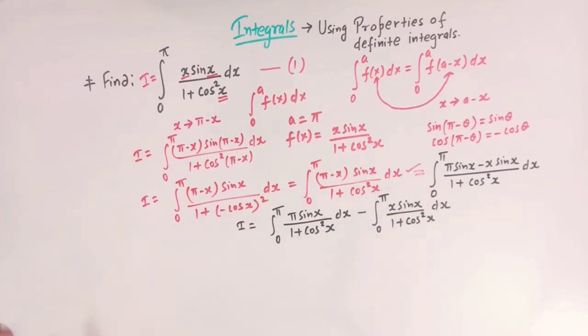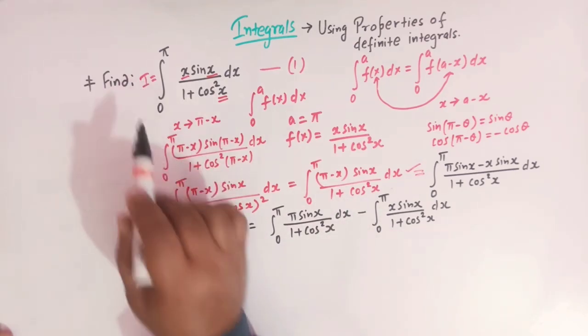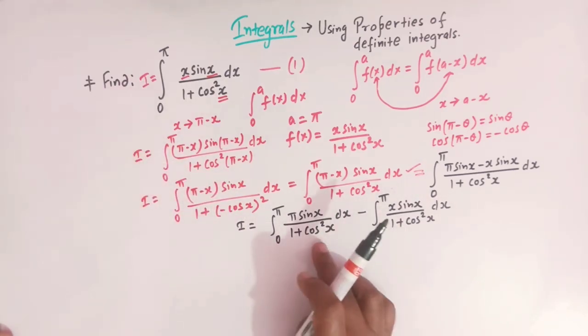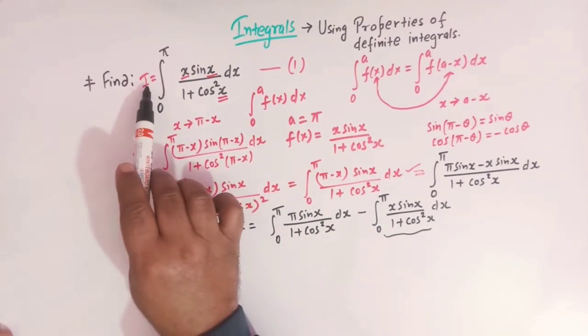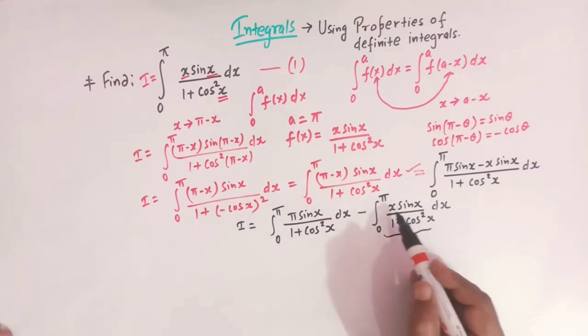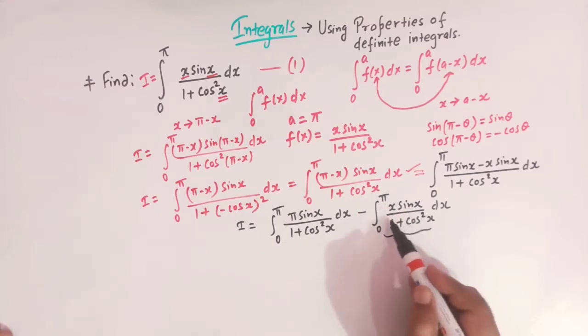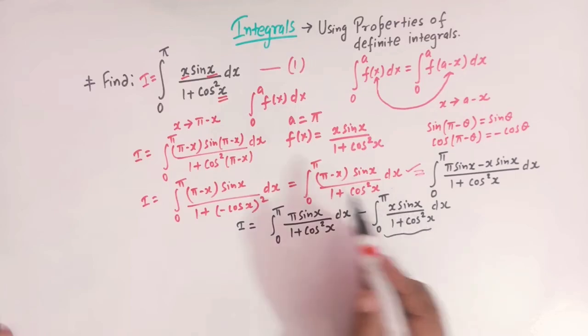So we see that I is now equal to the difference of these two integrals, and the second integral is our original integral I, because this is the integral from 0 to pi of x sine x over 1 plus cosine square x.